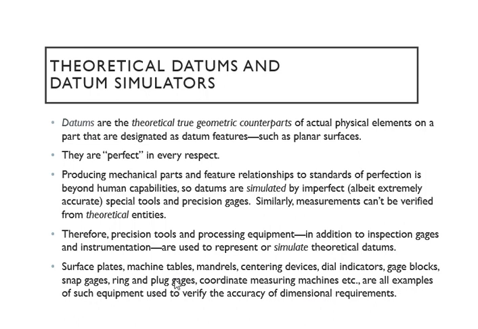This is in another course, metrology, but of course you can just read it to know. Surface plates, machine tables, mandrels, and centering devices, dial indicators, gauge blocks, snap gauges, ring and plug gauges, and so on. We use all of them to check the dimensions in our parts.